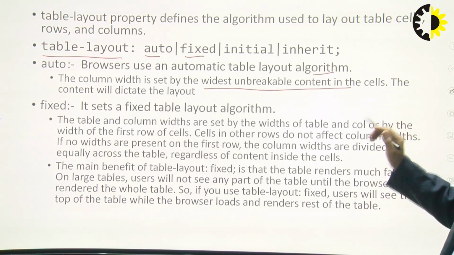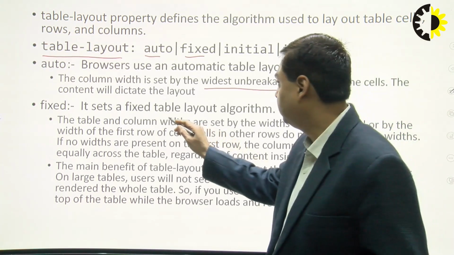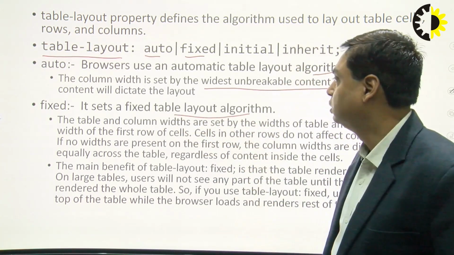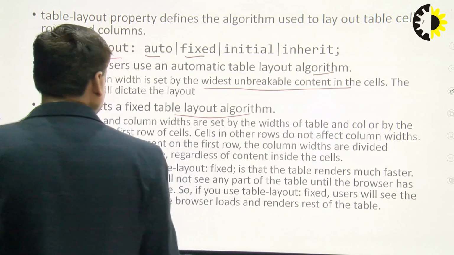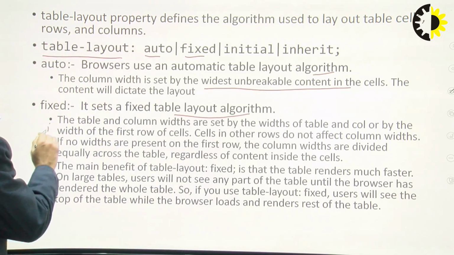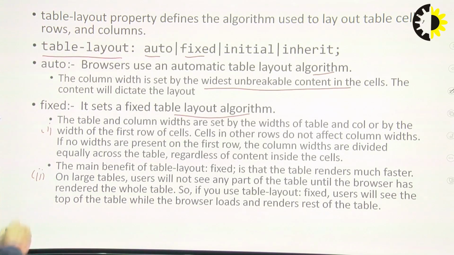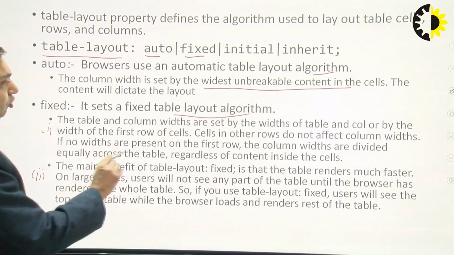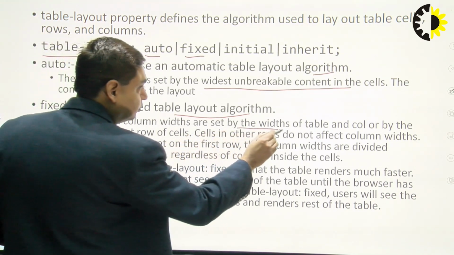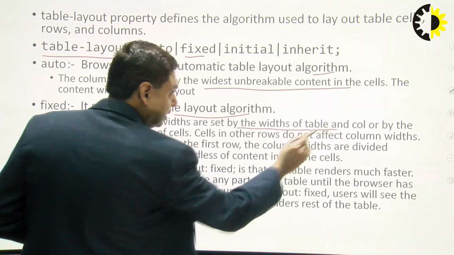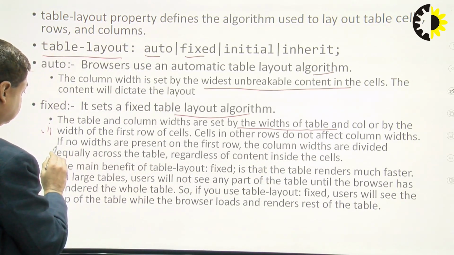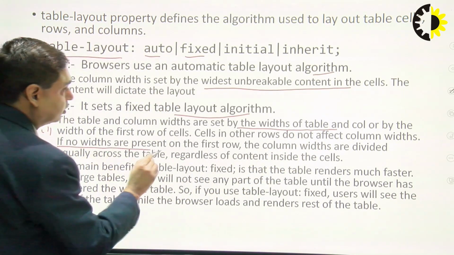And in the case of fixed, you can fix the layout, and the layout algorithm will work in two different ways. In the first way, the table and column widths are set by the widths present on the first row.